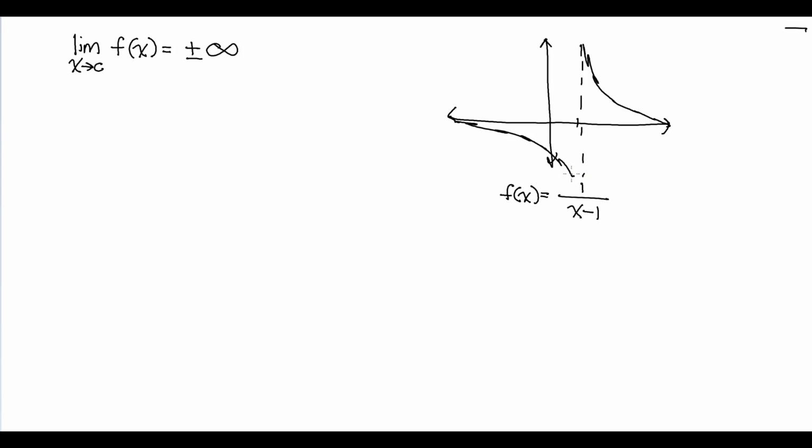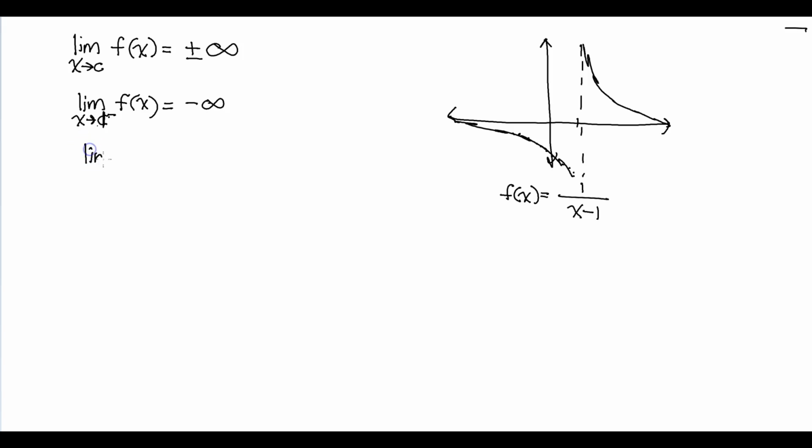What is the limit as x approaches 1 from the left of f of x? Well, you could see that as it approaches 1 from the left, it starts to go lower and lower, which means it decreases without bound, so the limit as x approaches 1 from the left is negative infinity. It will go lower and lower without ever stopping.